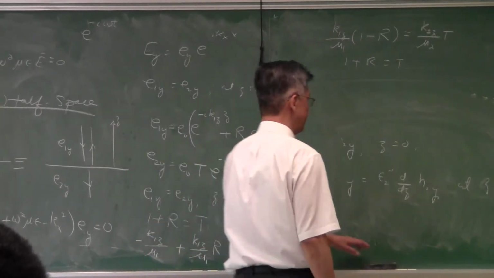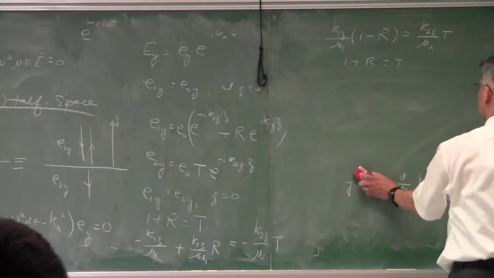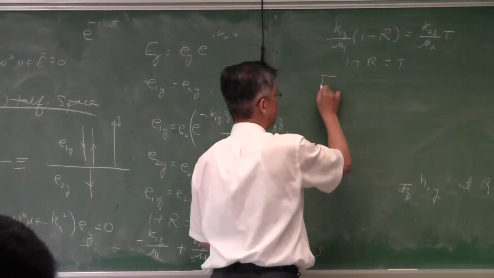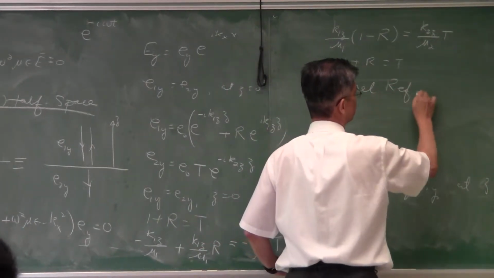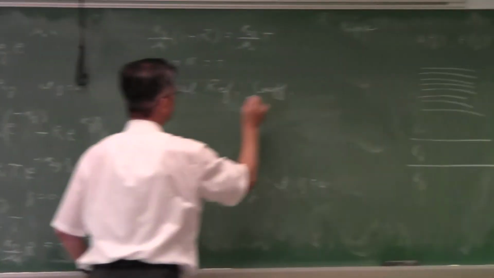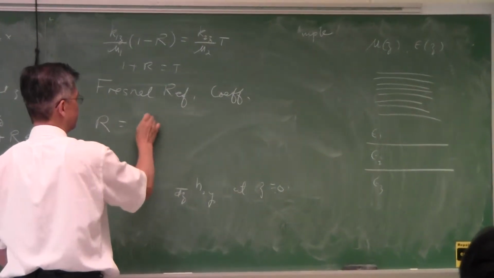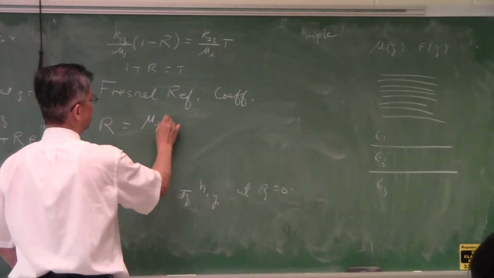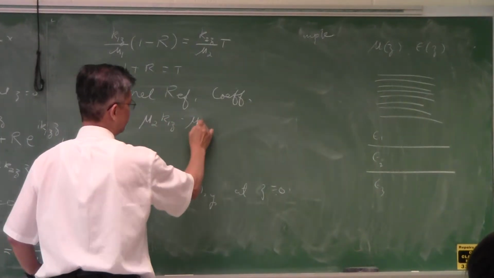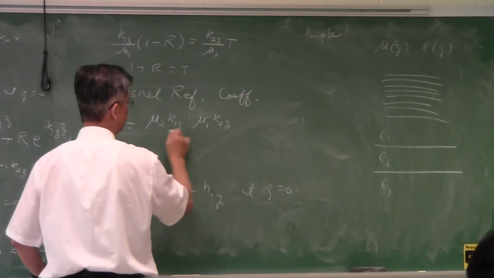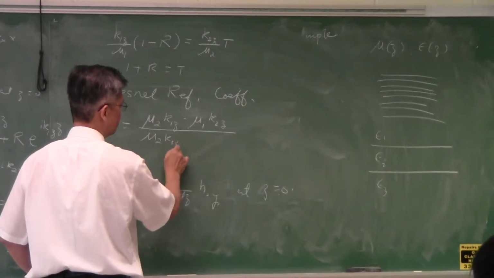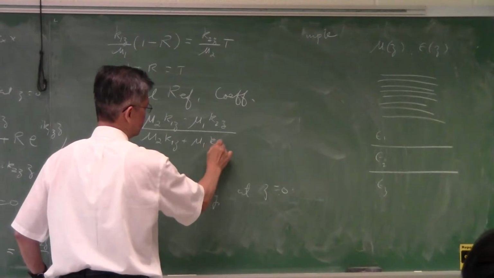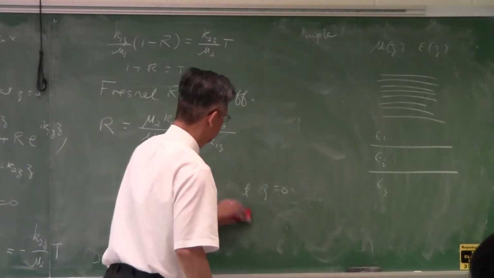You can solve these equations for r and t, and this gives rise to the famous Fresnel reflection coefficients. Okay, you get r is equal to (mu_2 k_1z minus mu_1 k_2z) over (mu_2 k_1z plus mu_1 k_2z).